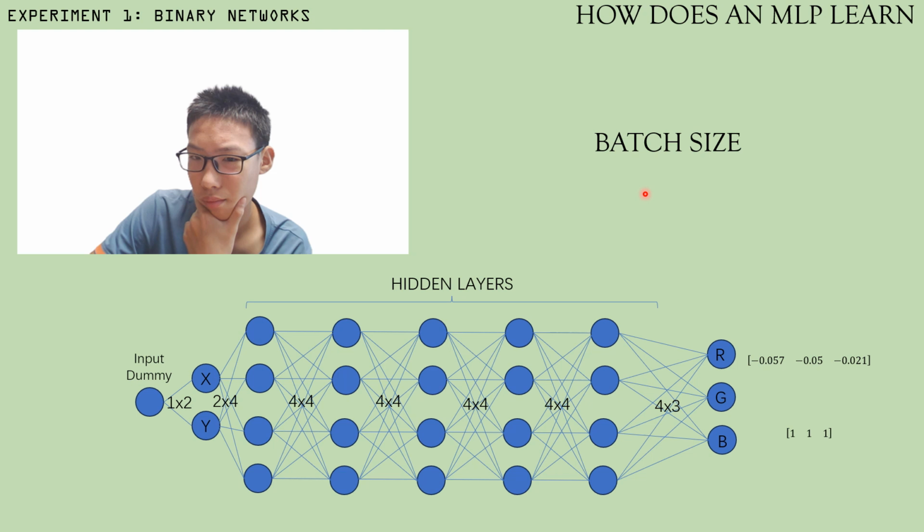For example, the last time I said batch size equals 1, it will just process 1 pixel each epoch. But if it's 512, it processes 512 pixels every epoch. Now, the best, or not the best, I don't know.